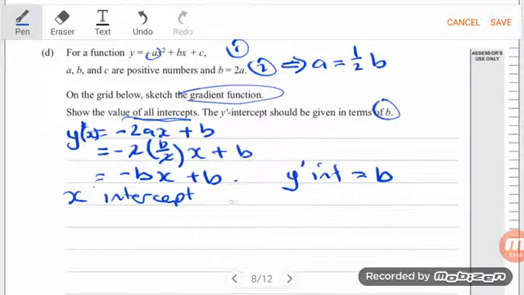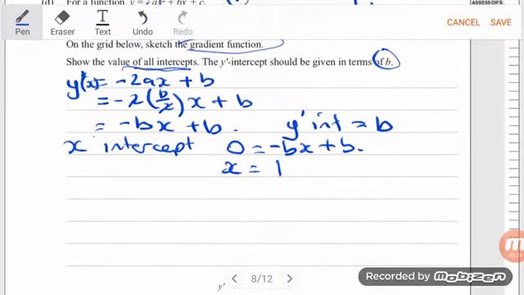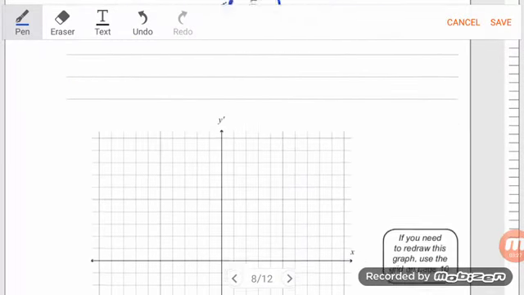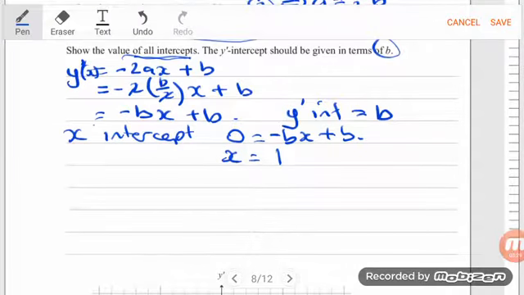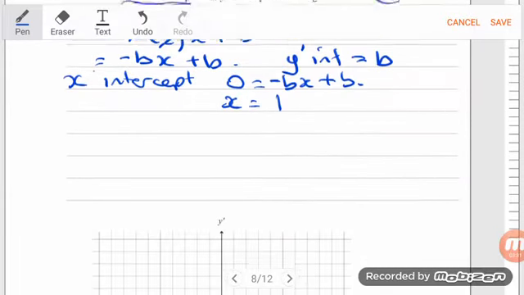So when the y dash is equal to 0, you have negative bx plus b, and x is going to equal 1. So we can say that this is 1b, okay?